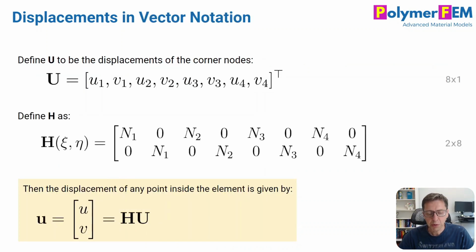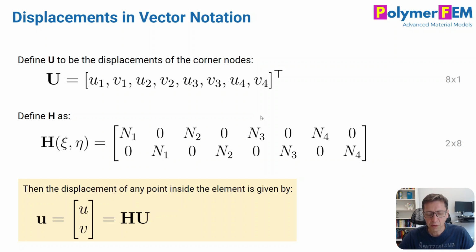To do this on the computer, we will use vector notation and matrix notation. I will introduce a variable called U, which is an 8x1 matrix. I just dump in all of these nodal displacements here. And then I define an H matrix in a kind of weird way, but I'll make it a 2x8 matrix that has this shape.